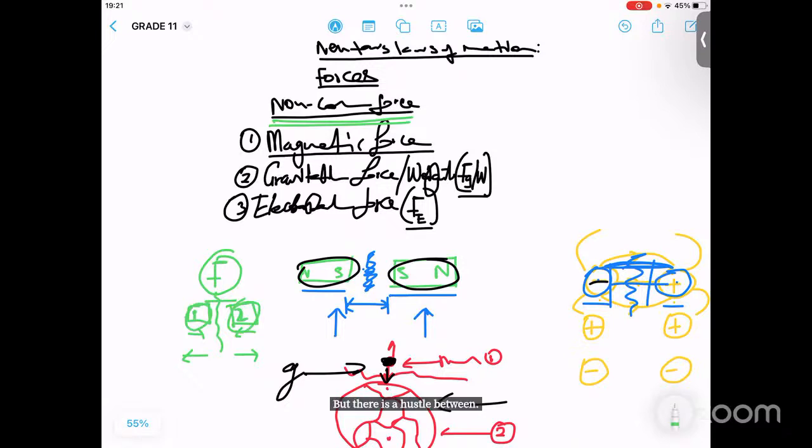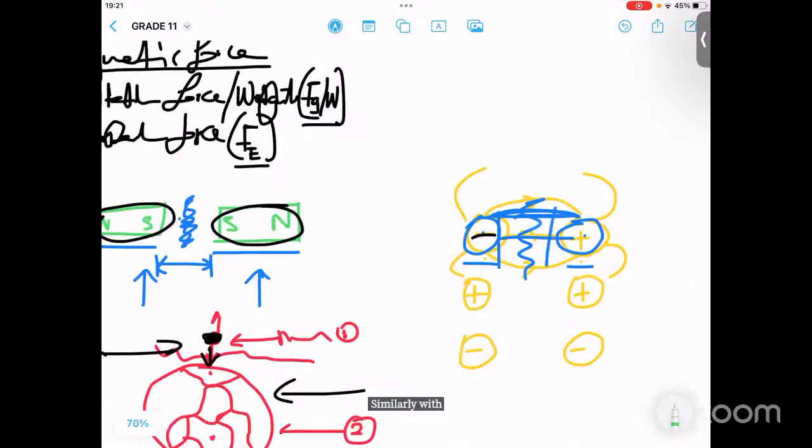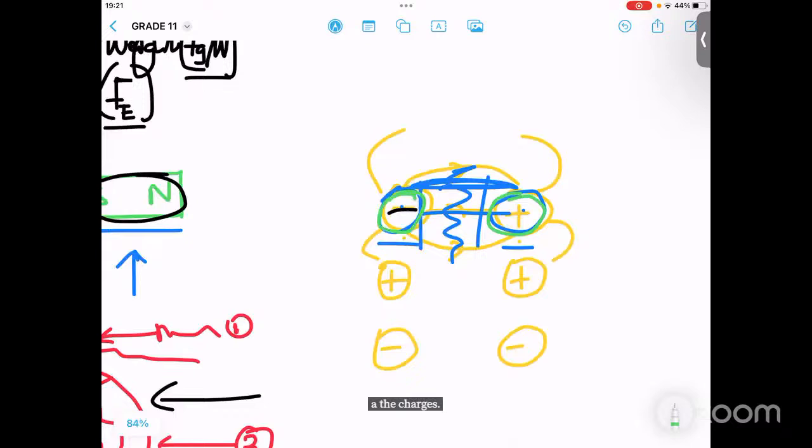Similarly with charges, we know that we have a negative charge and a positive charge. They work almost like magnets, if I simplify it: negative and negative, they are not in contact, but we know they are going to repel each other.